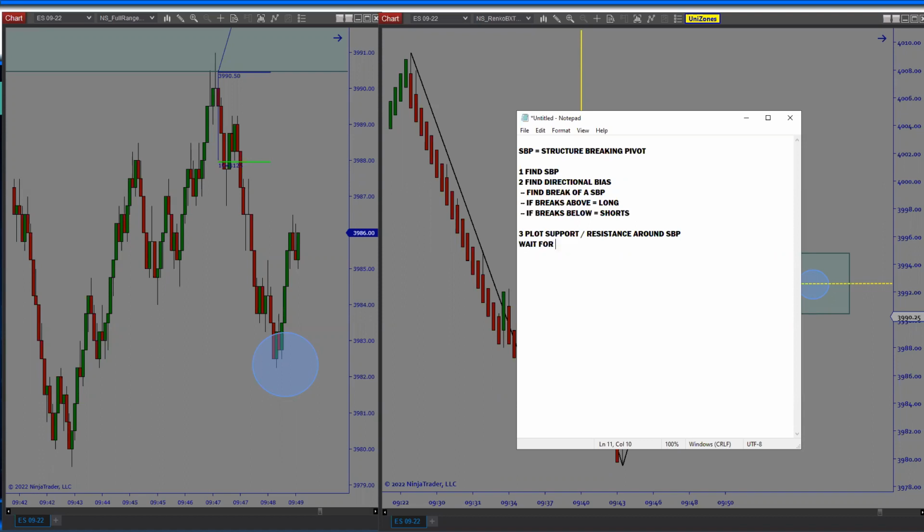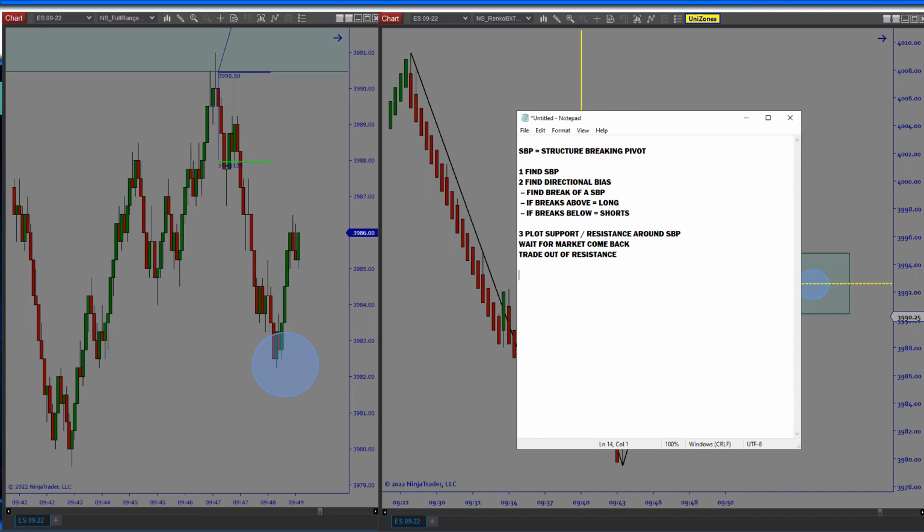Wait for the market to come back and trade out of resistance or support. Well, it sounds a lot easier when we type it out. All right, so those are the rules. That's really all there is to it.